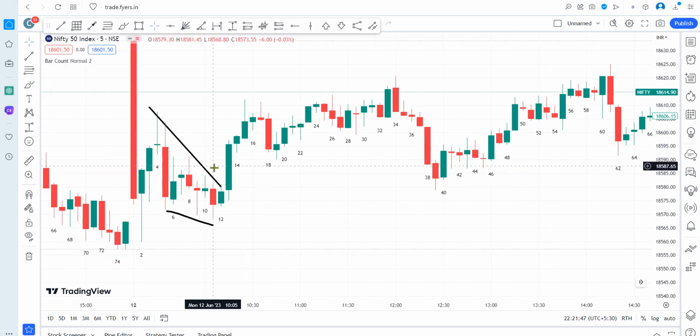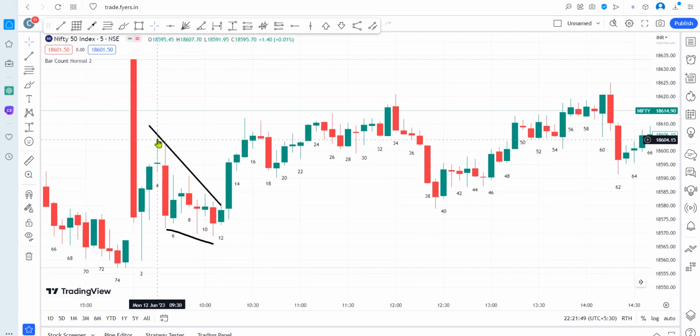What happened after the wedge is that the first candle has a dominant body, and after that the pressure consecutively goes lower like that. Here it is not able to break below the day's low or the first dominant spike.